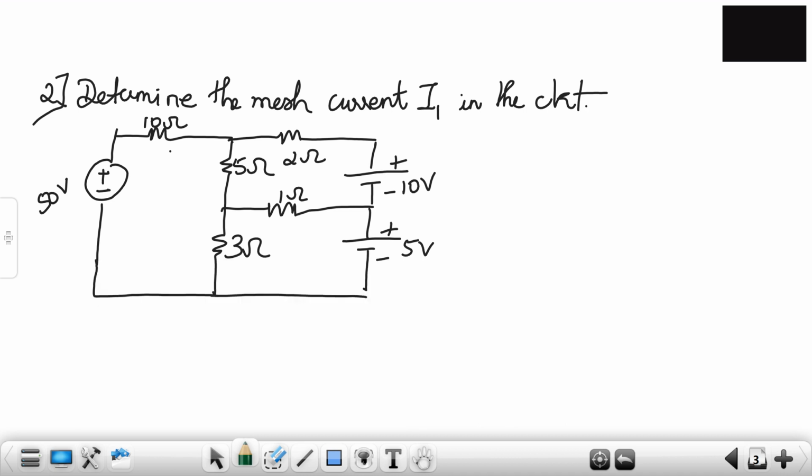Now let us assume the direction of currents in all the three loops. The previous problem we did had only two loops. Over here there are three loops. So this is I1, this is I2, this is I3.